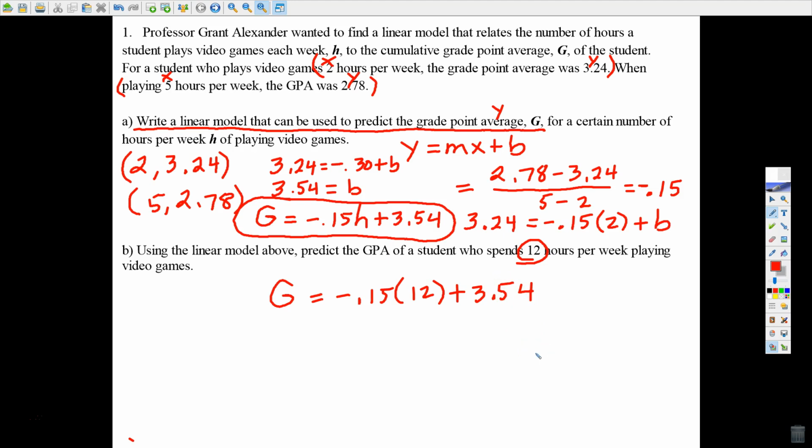And the correlation here, of course, is more hours playing video games, theoretically, the lower the GPA. That's what he's trying to come up with. So using your calculator, let's come up with the predicted GPA.